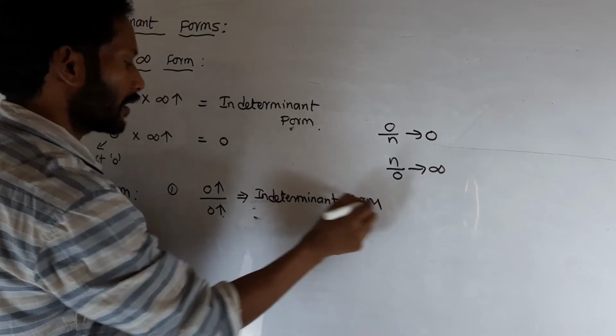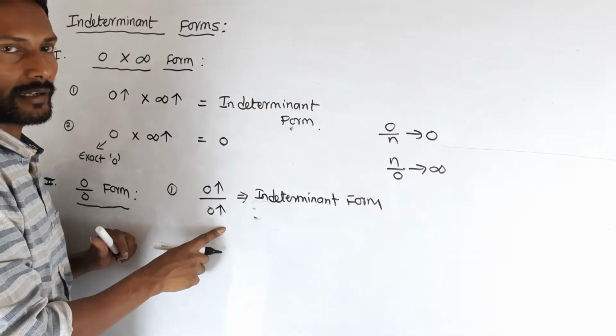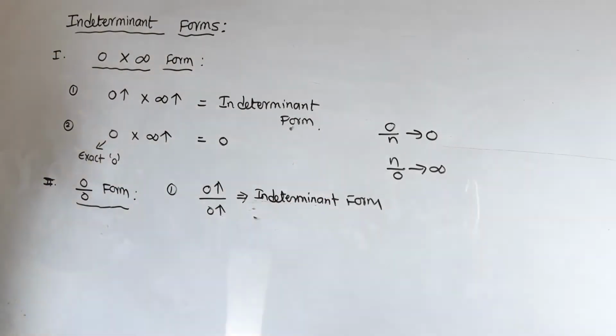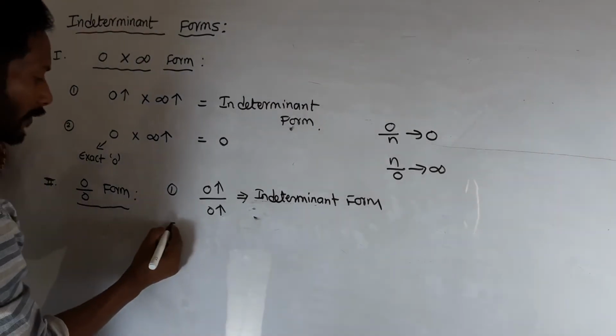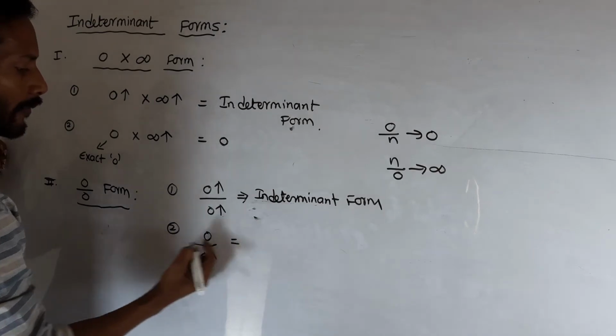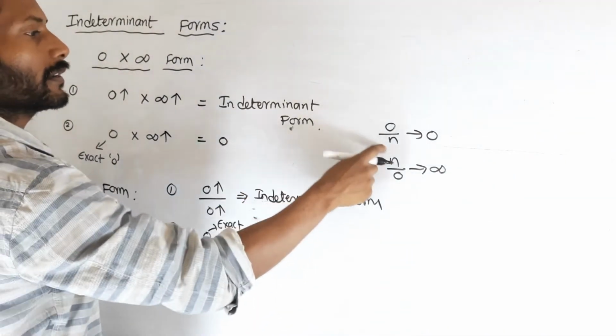I hope this is clear. Numerator approaches 0, denominator approaches 0. 1 by 0 is infinity. So 0 into infinity is indeterminate form. 0 by 0: numerator is exact 0, 0 by anything is 0.